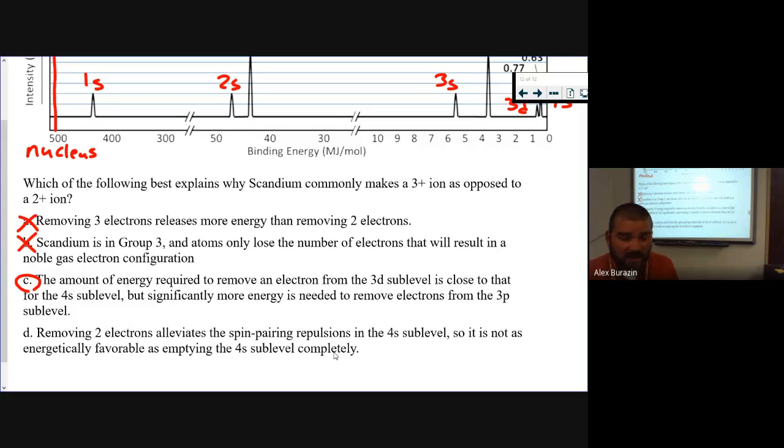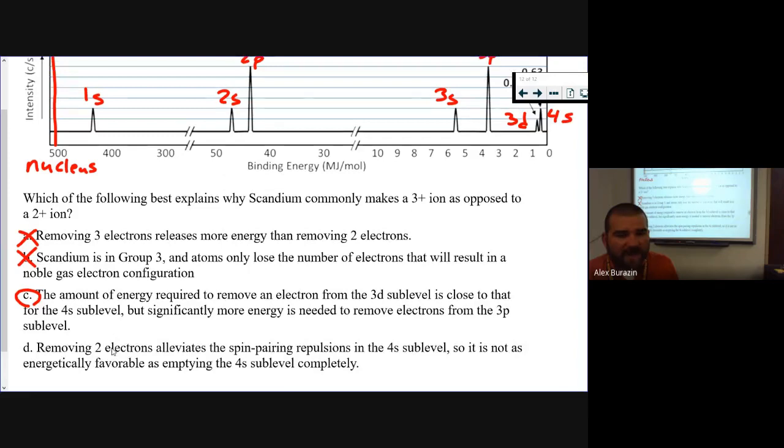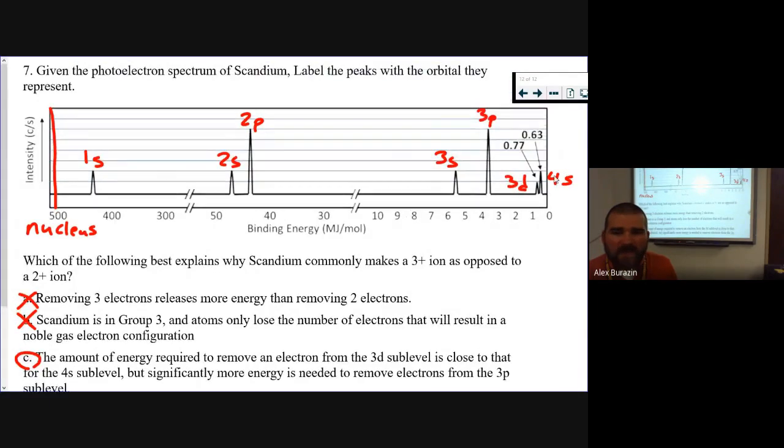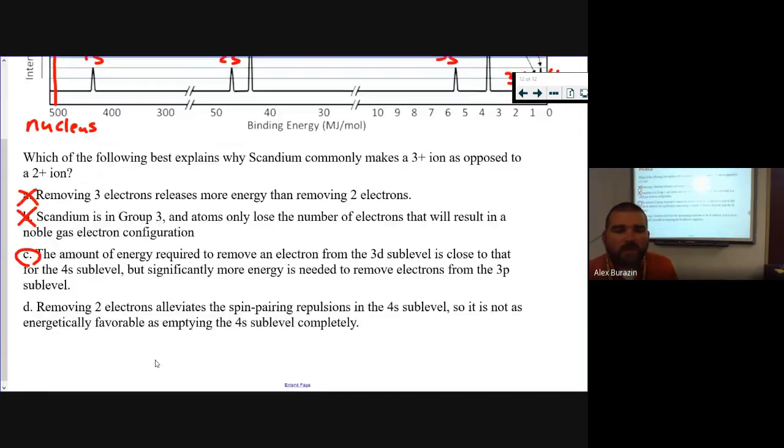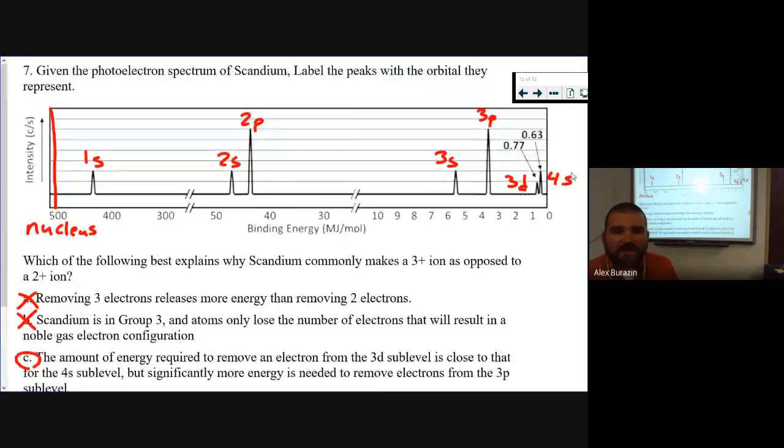All right, so here's my issue with option D. If we take 2 electrons away from this atom, those 2 electrons are going to get taken from the valence orbitals. The valence orbital in this atom is 4s. It's the highest energy level s orbital. So if I were to remove 2 electrons from this atom, I'm taking both of them from 4s.